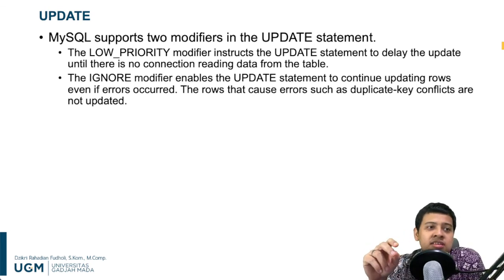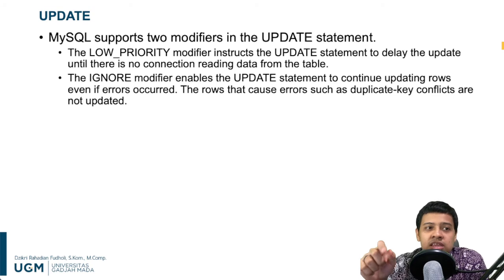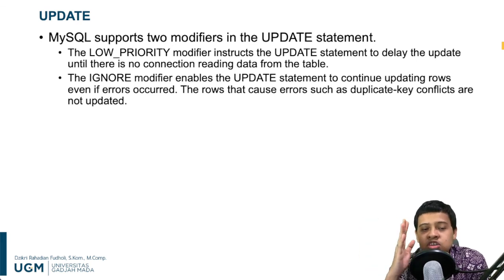The second one is the ignore modifier, which enables the update statement to continue updating rows even if errors occur. If we learn about database management systems, we have connections between one table and another table.